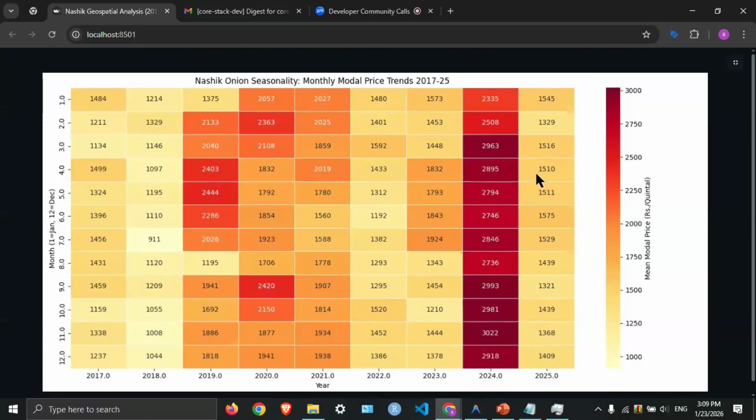The same can be spotted in 2019 during April, May, and June. So we can get a simple idea of how the market price affects all of these things.